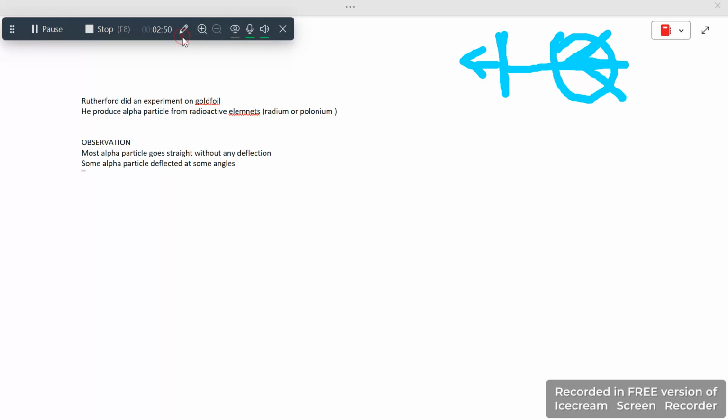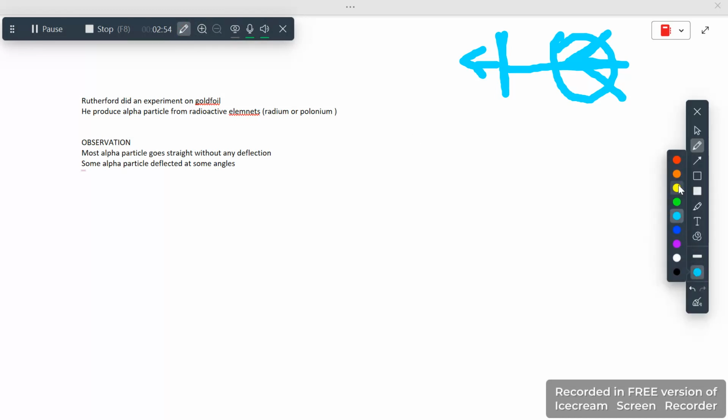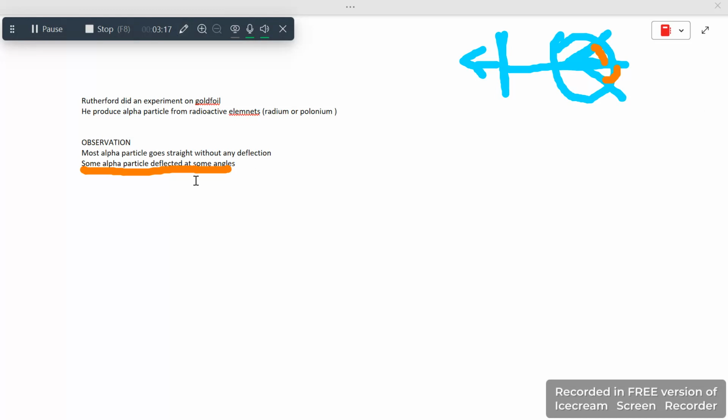This means, if you take a pencil, here he just observed that through that one they have an angle. There are some alpha particles deflected at some angle. So the angle between this straight line and here was an angle. This was the downward line and here they have an angle. So this means the same angle was there as well. Okay, so he just observed that as well in his observation.